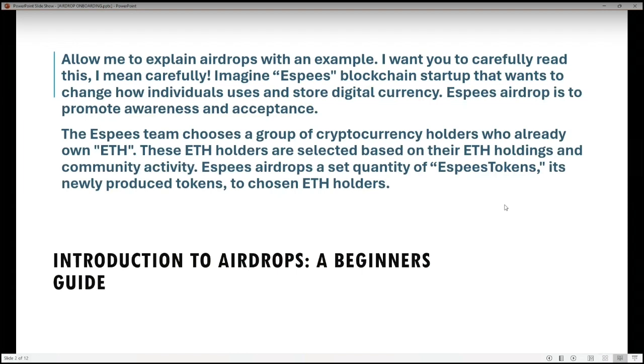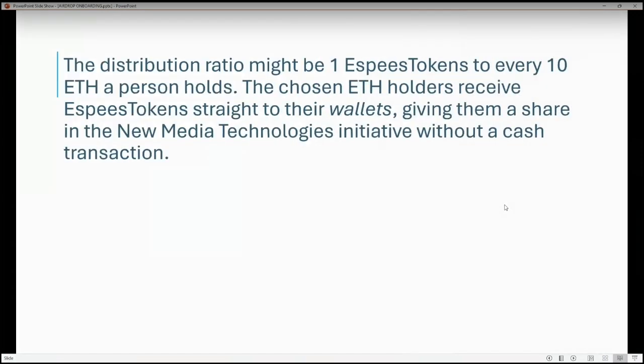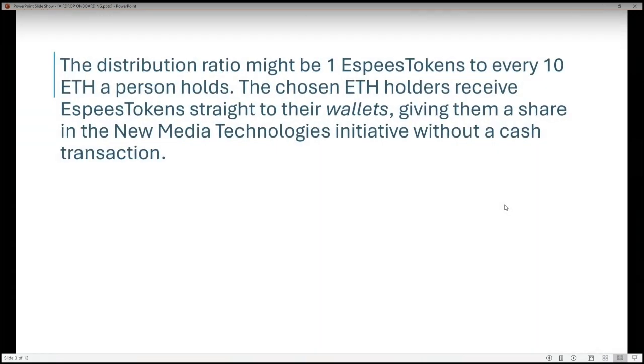Okay, now let's go further. The distribution ratio might be 1 SP's token to every 10 Ethereum a person holds. Let's say, for instance, you have 10 Ethereum in your wallet, and SP's team decided that, because you are holding 10 Ethereum, we are going to give you 1 SP's token.